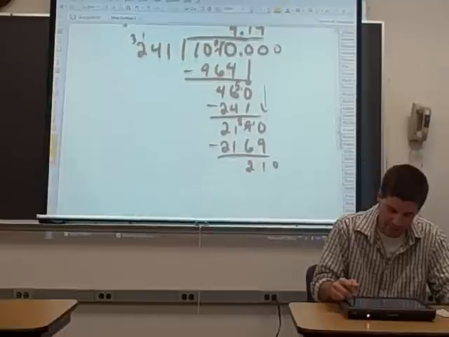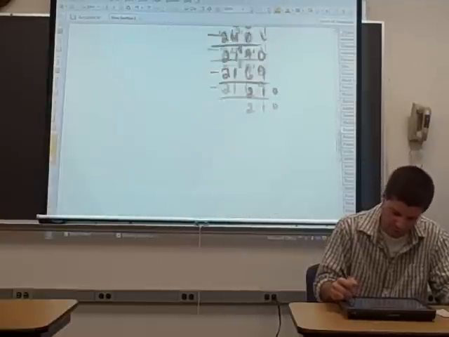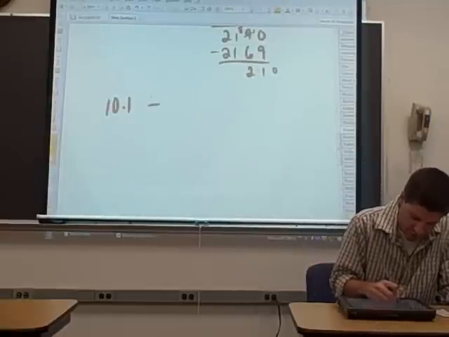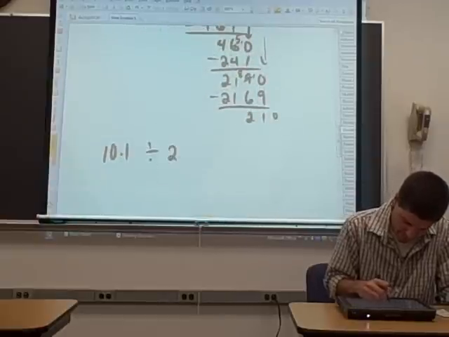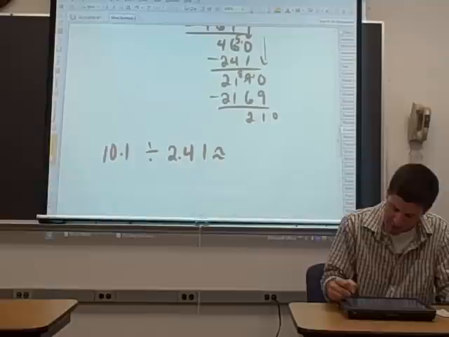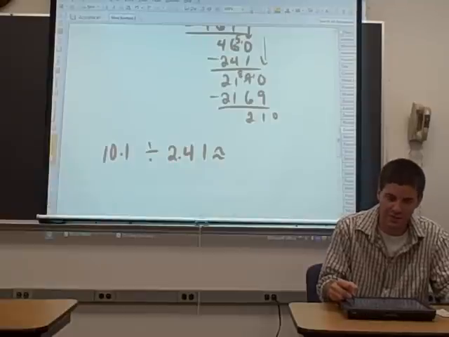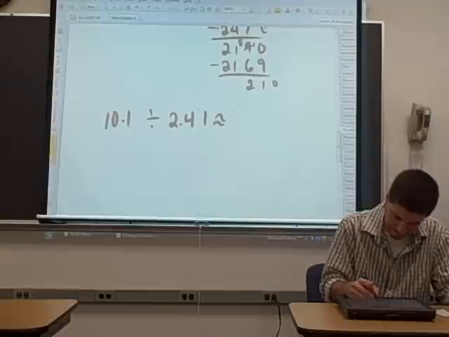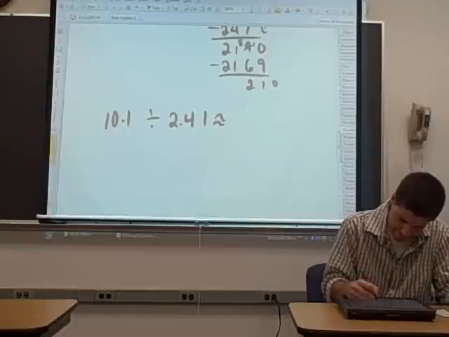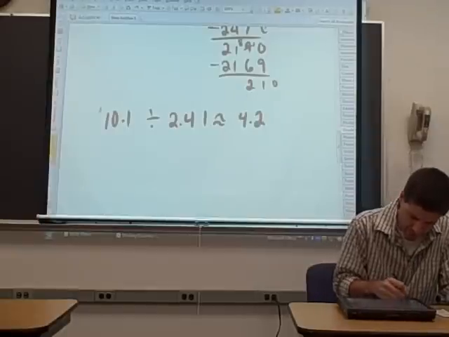And I'm going to say that our original problem, 10.1 divided by 2.41, is approximately, if you want an approximately sign, it's a squiggly equal sign, approximately 4.2. There you go, that's your answer.